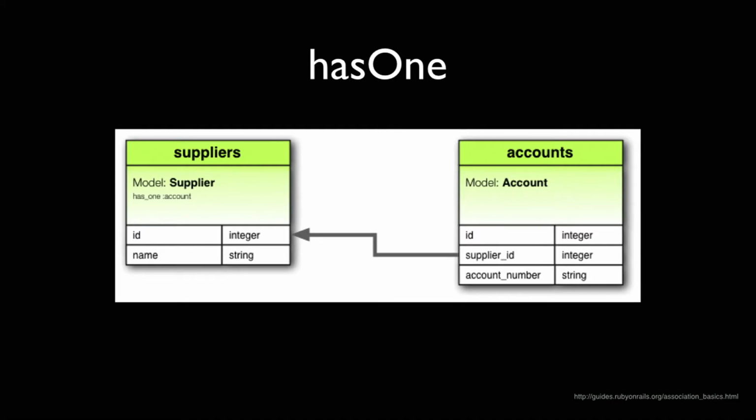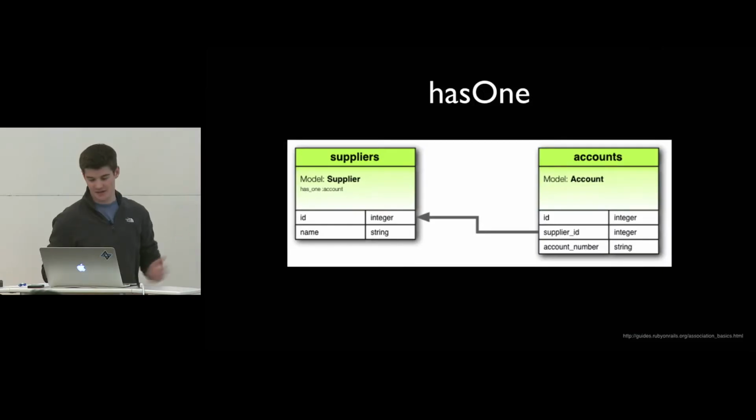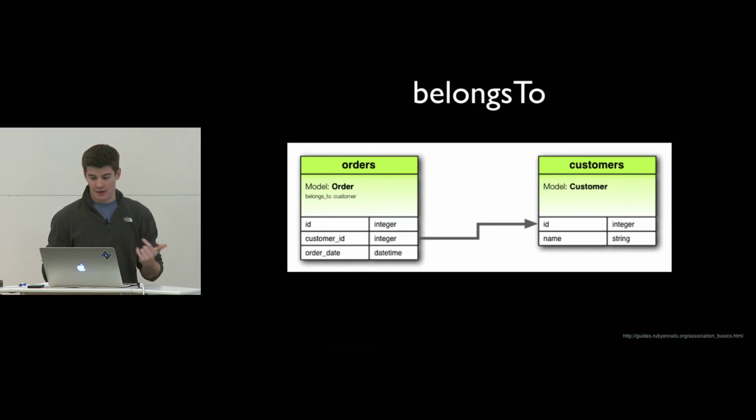In this case, an account, in a really simplified example schema, only has one supplier. So there's a supplier ID and a supplier. In the accounts table there's a supplier ID, and the supplier itself has an ID, a sort of one-to-one relationship.